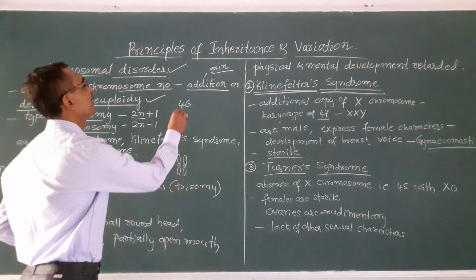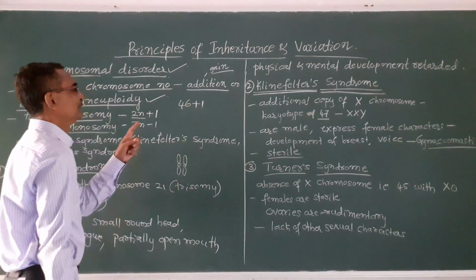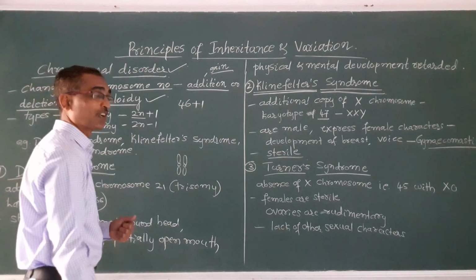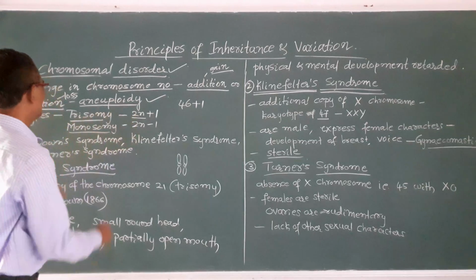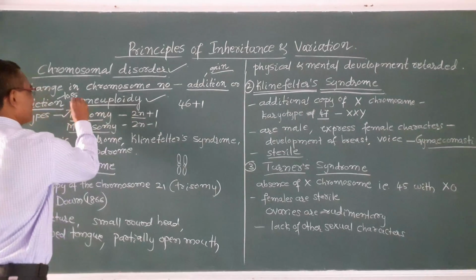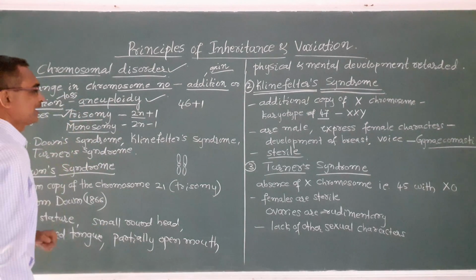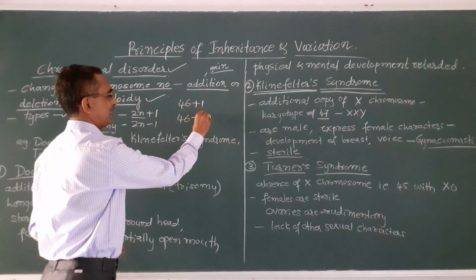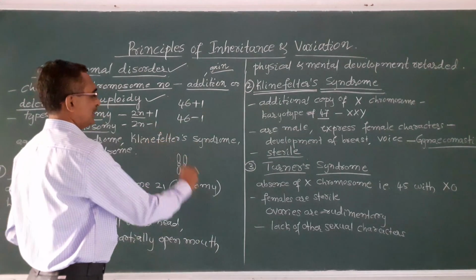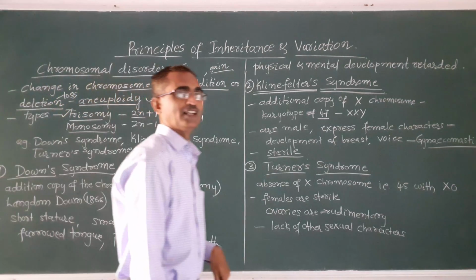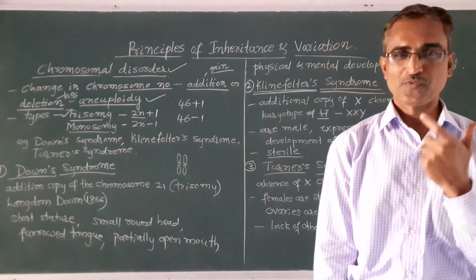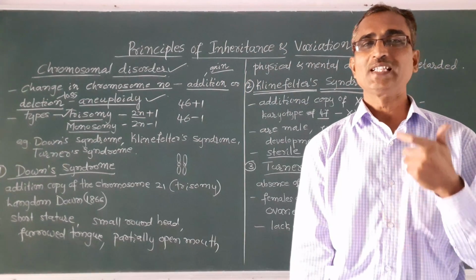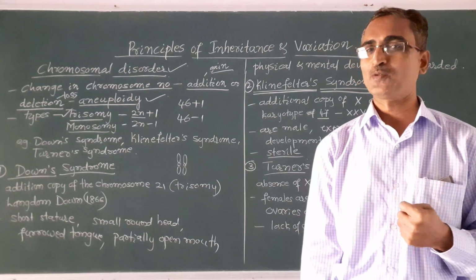And 2n plus 1 becomes 47, and this is known as trisomy. And in monosomy, 2n minus 1, that is 46 minus 1. So in monosomy, one chromosome is deleted from the diploid set of chromosomes.